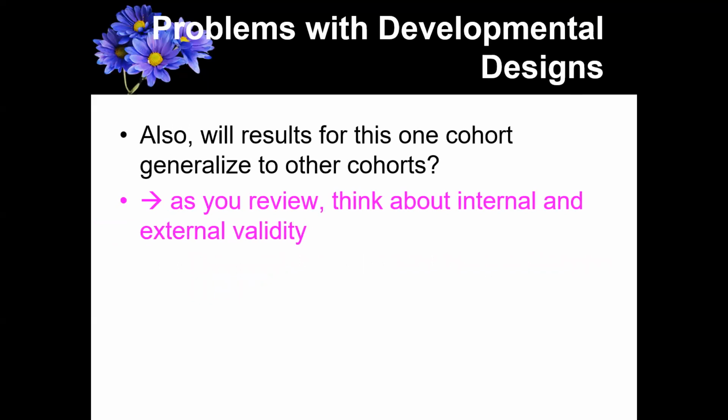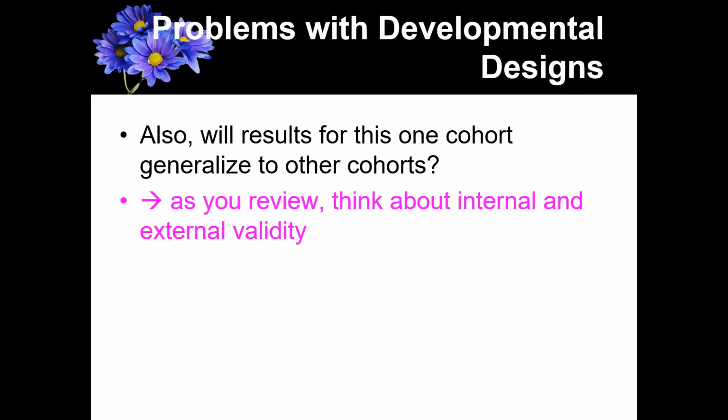Last thing to think about with a longitudinal design is that your results may or may not generalize to other cohorts. Because you have only one cohort, you do want to think about whether that same finding is going to apply to the larger population.